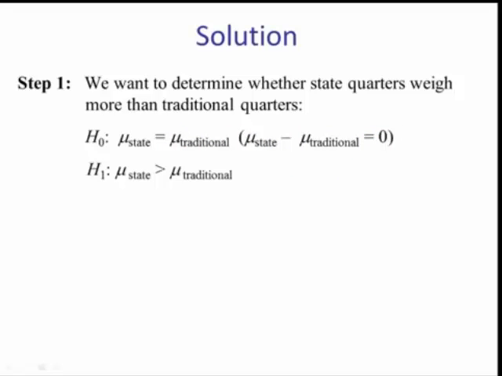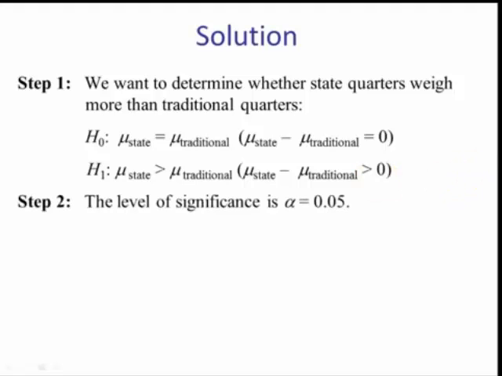The alternative is the mean of state is greater, and another way we can say that is we take the mean for state, subtract the mean for traditional, and that's going to be larger than 0. So that's step 1. Step 2, our alpha level is 0.05.